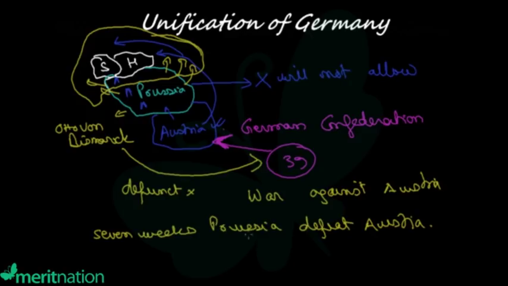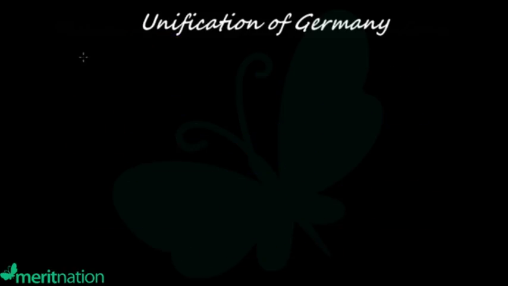Why? Because definitely Prussia was militarily strong and it knew diplomacy. Prussia already had the support of Russia also. So it was diplomatically and strategically in a better position. So, Prussia defeats Austria.